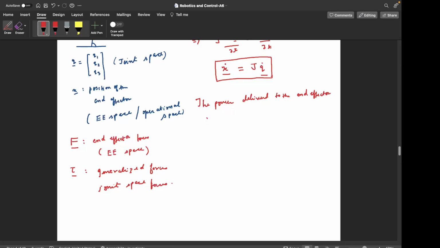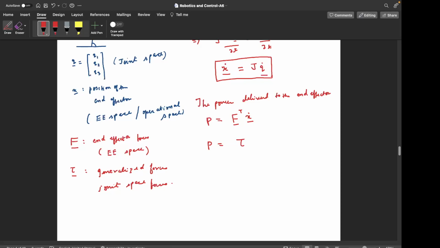So power is force into velocity, right? So it would be the end effector force dot with end effector velocity. Cool. And we would write this in terms of the joint space forces also.